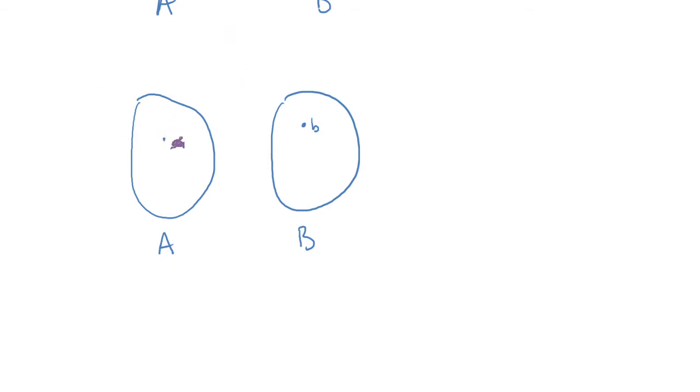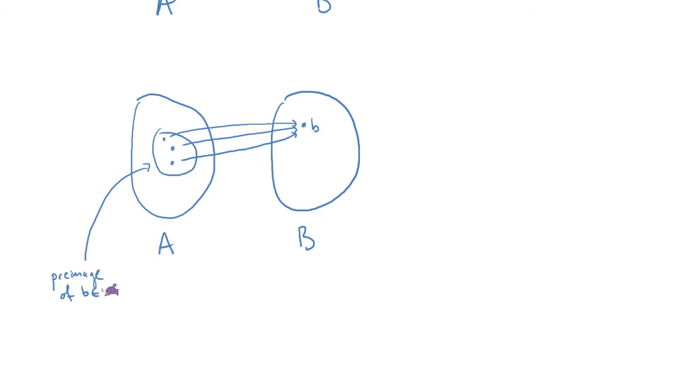If there are elements that map to this b, then this collection, we call the preimage of little b in B. The notation for that can be a little misleading. Sometimes you write it like this. I'm not actually talking about an inverse function; we'll talk about inverse functions later.